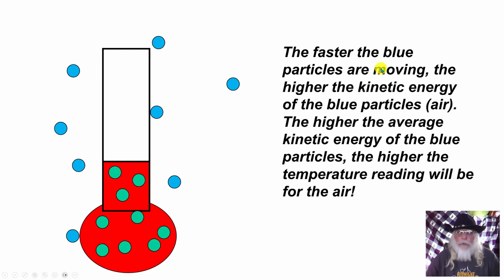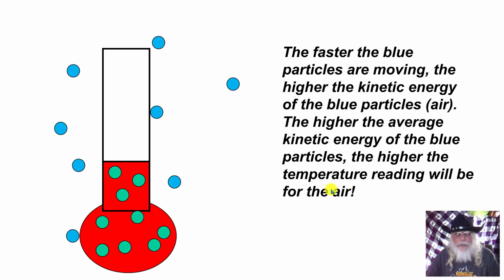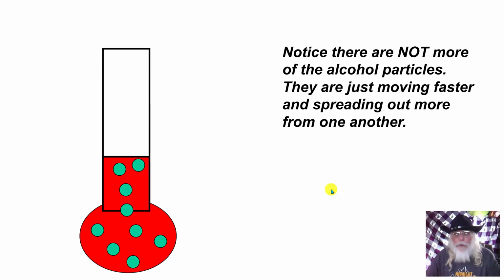The higher the average kinetic energy of the blue particles, the higher the temperature reading will be for the air. See the blue particles smacking into the glass thermometer, making the green particles move faster.